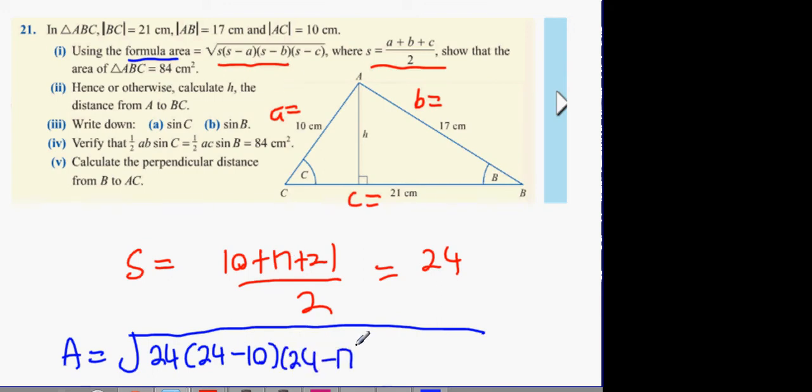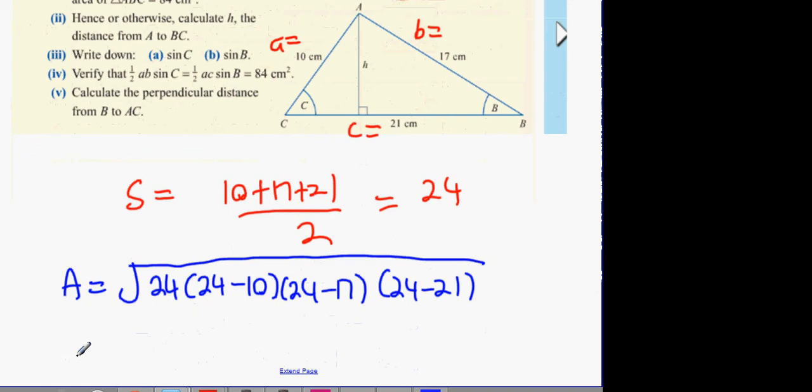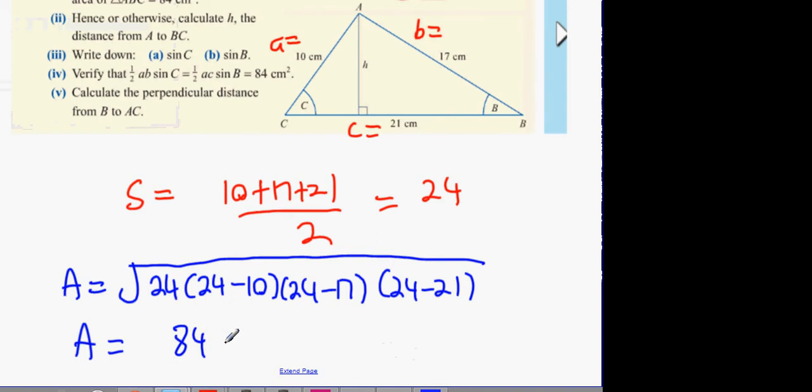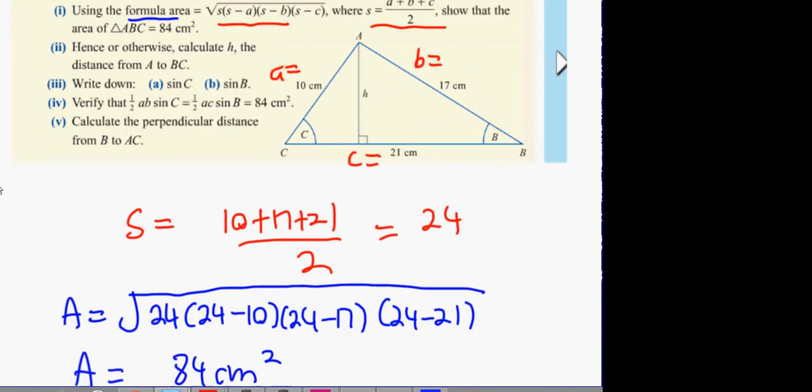Put all that into the calculator and what should we get? 84. Just check that out for me and let me know if it's 84. Yeah. Okay, so that is 84. 84 centimeters squared. Confirmed.